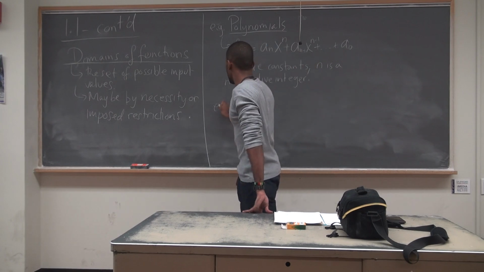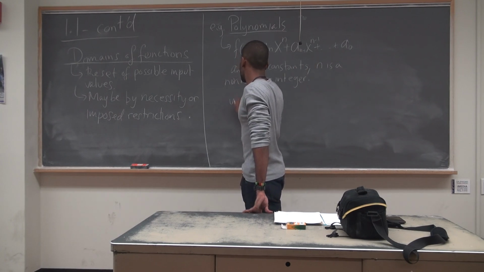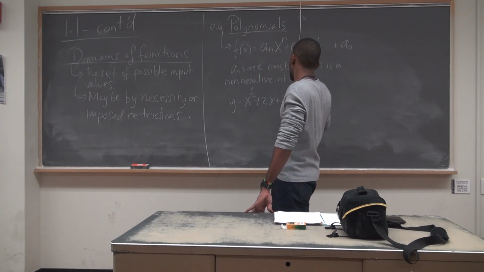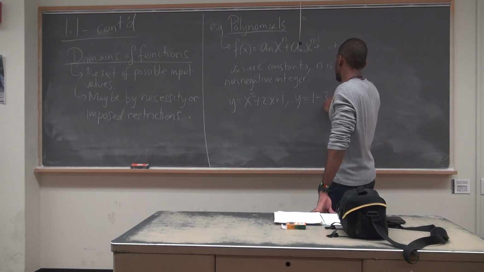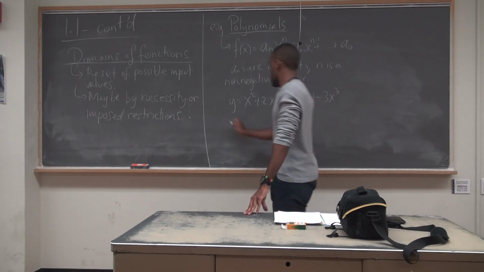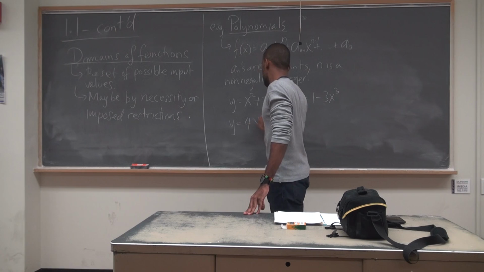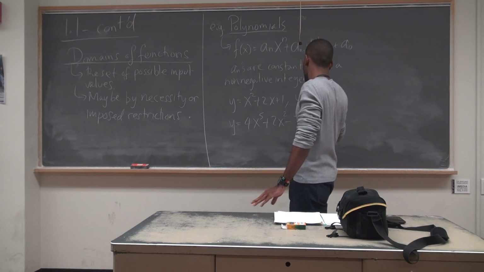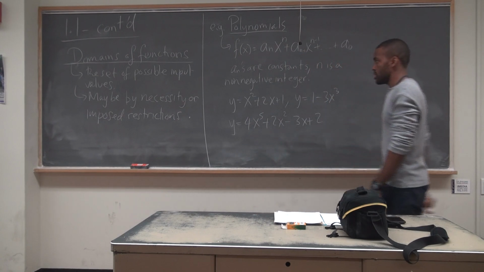Right, so examples of those are like y equals x squared plus 2x plus 1, or y equals 1 minus 3x cubed, or y equals 4x to the 5th plus 2x squared minus 3x plus 2. These are polynomials.